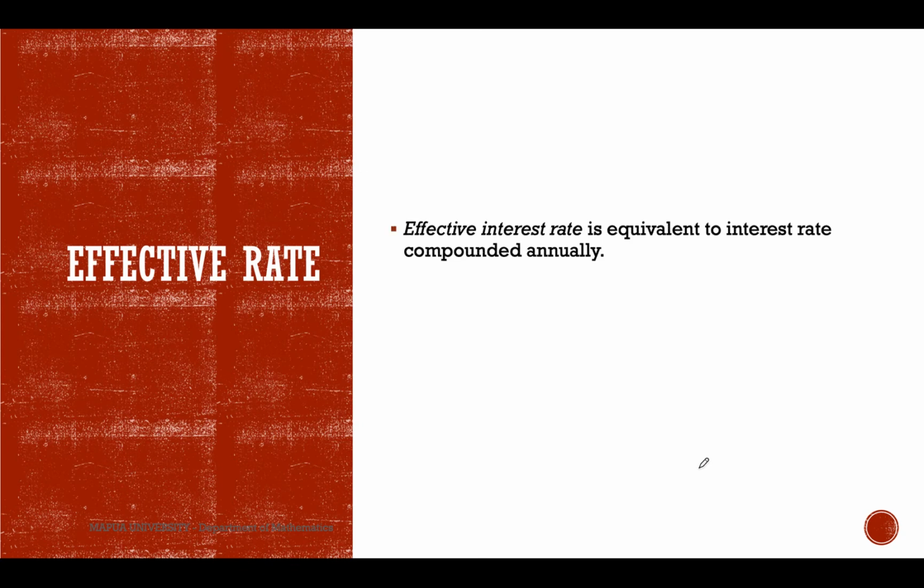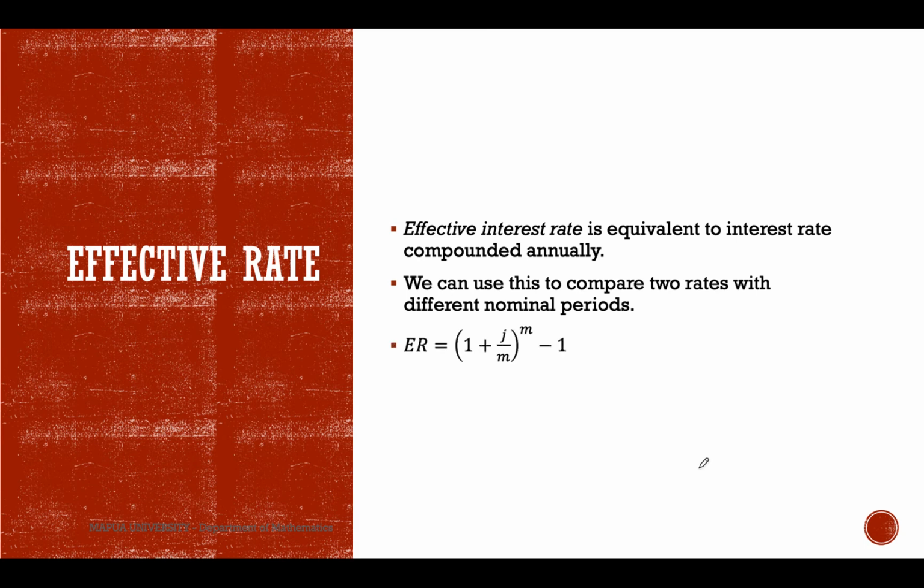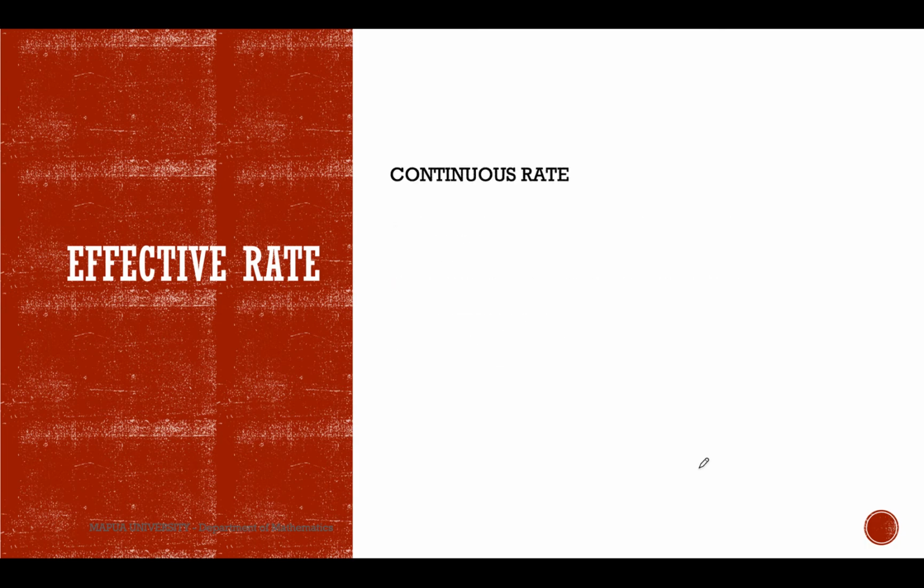Okay, what is an effective rate? So effective rate is equivalent to interest rate compounded annually. So that is the rate per year. We can use this to compare two rates with different nominal periods. And the formula is (1 + j/m)^m - 1. For continuous rate, so that is almost equal to compounded daily, that can be reduced into exponential.